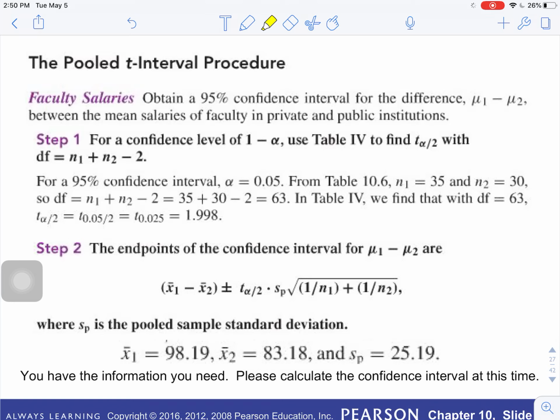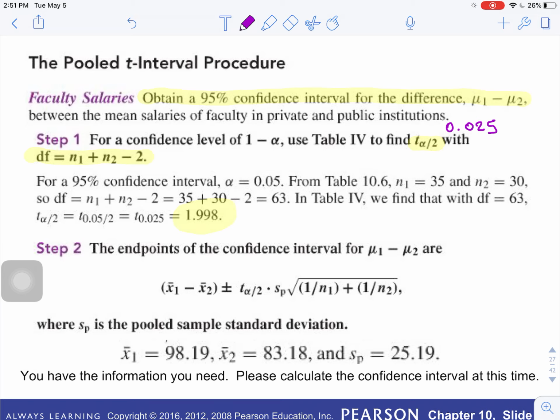What do we have to do to actually find that value? It says obtain that 95% confidence interval for the difference between your means. Don't forget that you have to add your sample sizes together and subtract 2 for your DF, and then we're also going with alpha divided by 2, so that's going to be that 0.025. We already know from our previous example that our t-value is going to be 1.998.